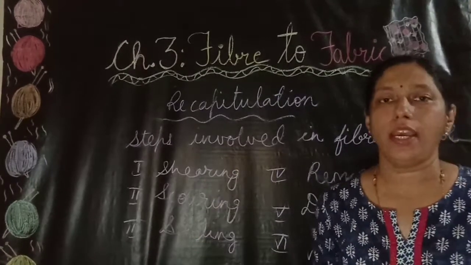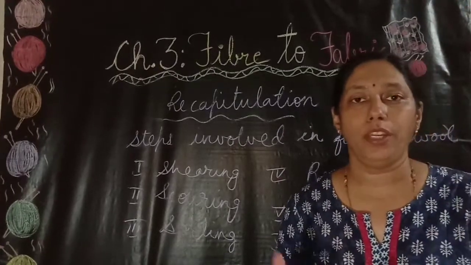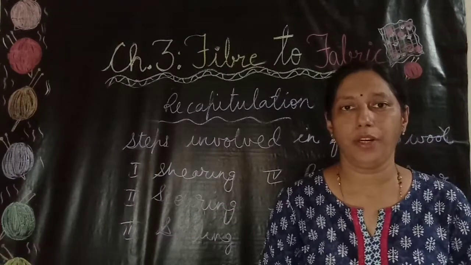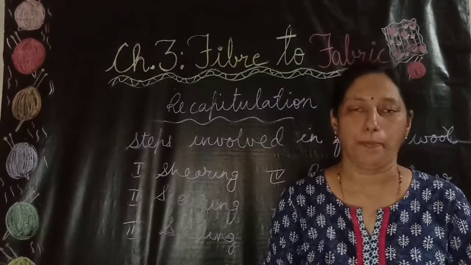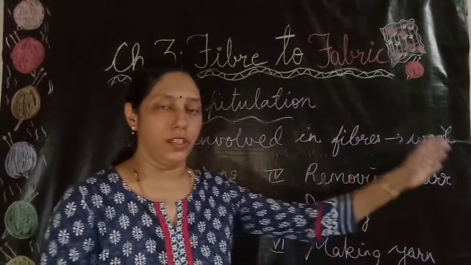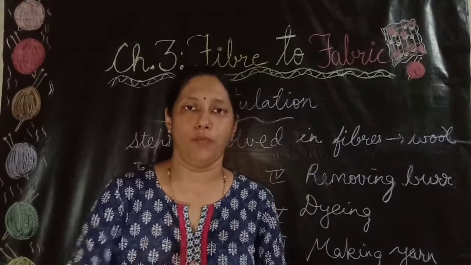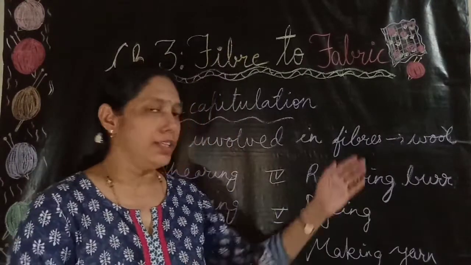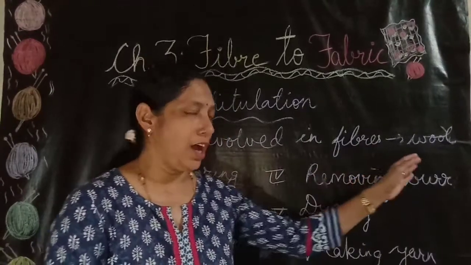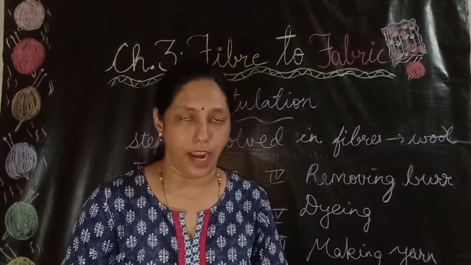Sorting is the process in which the damaged, stained or inferior type of wool is removed and the hair of different textures are separated. In the fourth step, removing of burr, the burrs are picked out from the hair. Here the burrs are the small fluffy fibers. After the burrs are removed, the fibers are scoured and dried.